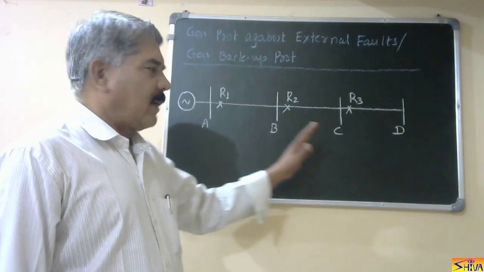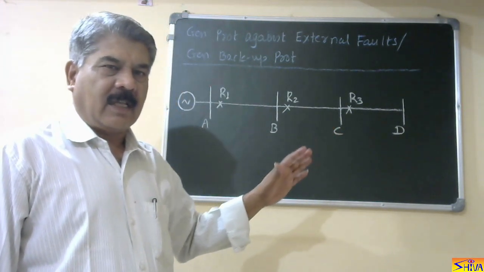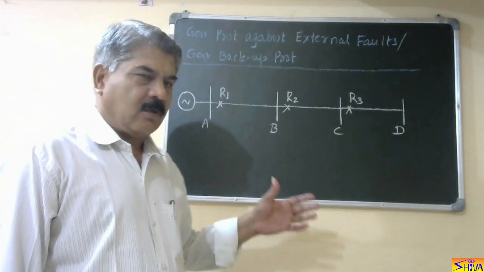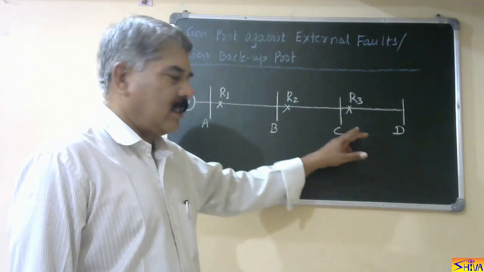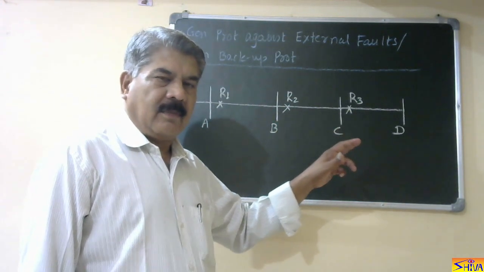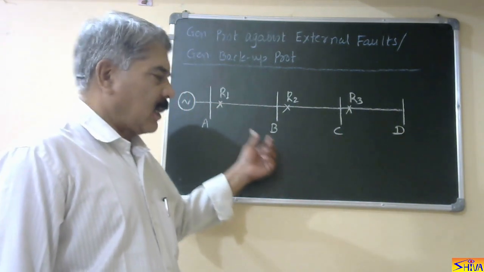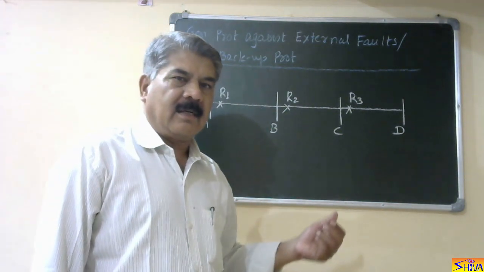Now this diagram I had used many times while discussing the transmission line protection as well as low voltage line protection. If it is low voltage line protection, that is distribution line protection, then R1, R2, R3, they are the overcurrent relays. If it is transmission line protection, then R1, R2, R3, they are distance relays.